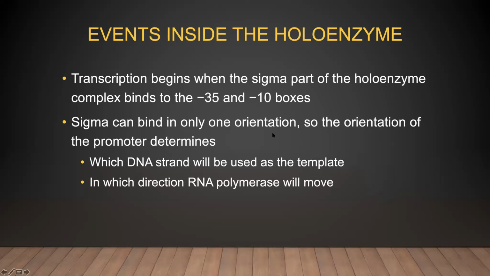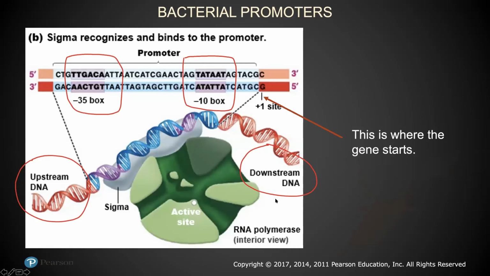So the orientation of the promoter determines which of the two DNA strands will be used as the template, and in which direction the RNA polymerase will be able to move. So if we go back here, you'll notice it's looking at this strand, in this case up here, knowing which strand it's going to be able to transcribe.